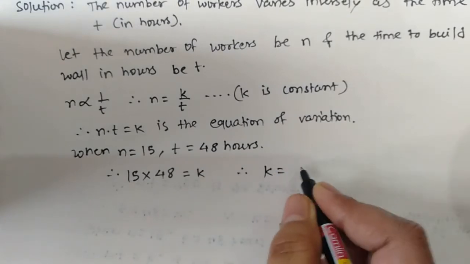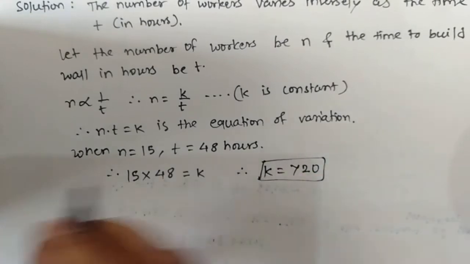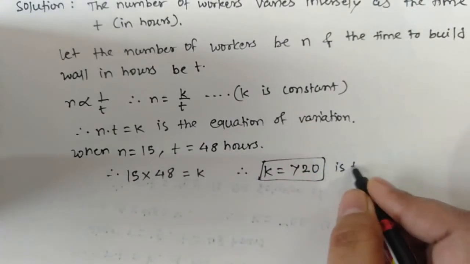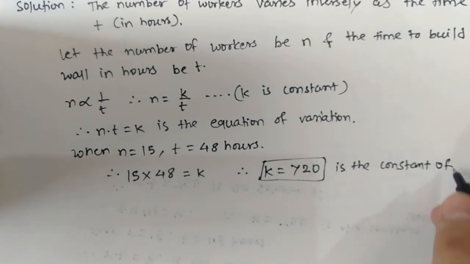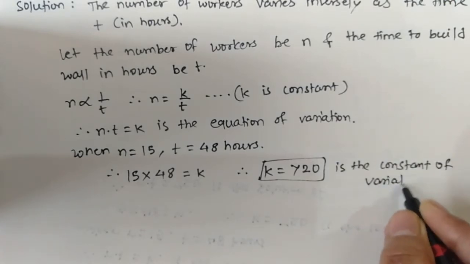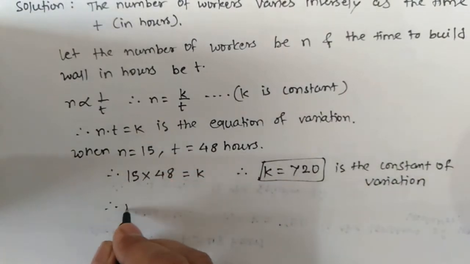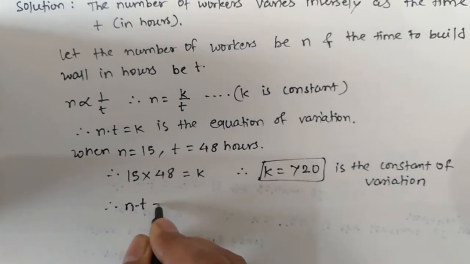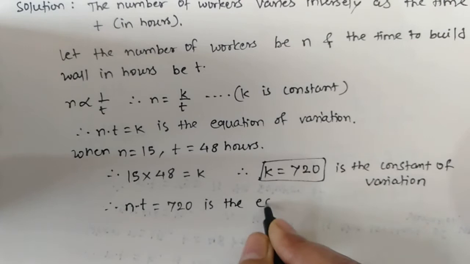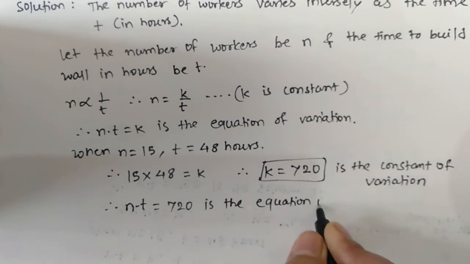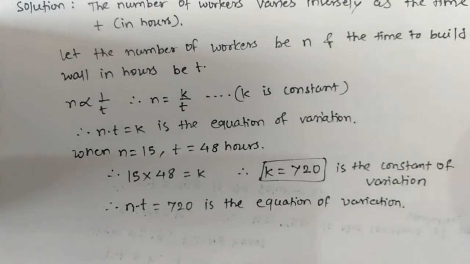Therefore k is equal to 720, the constant of variation. Now put this value of k in the equation. Therefore the equation becomes n into T is equal to 720, the equation of variation.